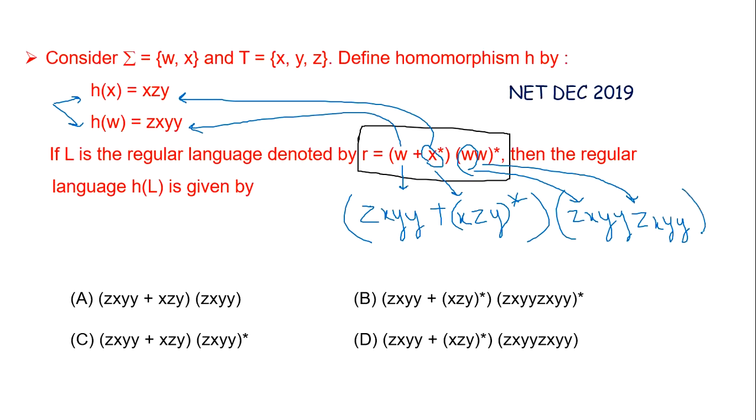Then just put the star outside this bracket. So this will be our right answer, that is the regular expression for h of L. And if you consider all these options, you can see that this matches option B. So the right answer for this question will be B.